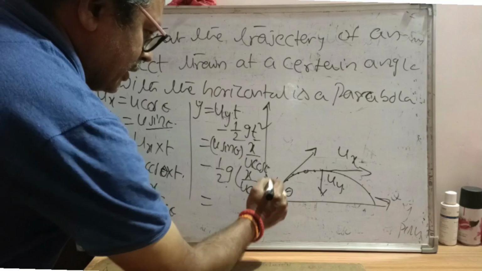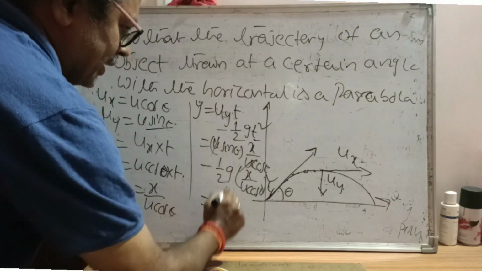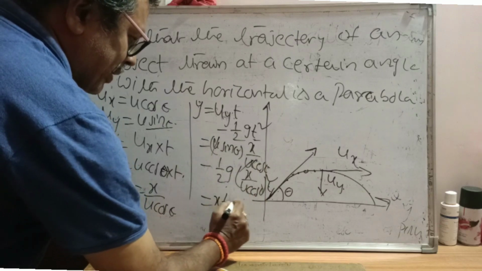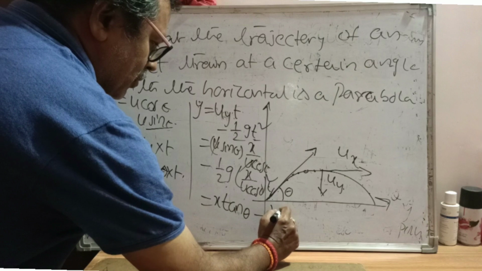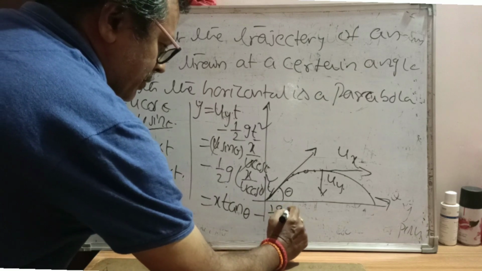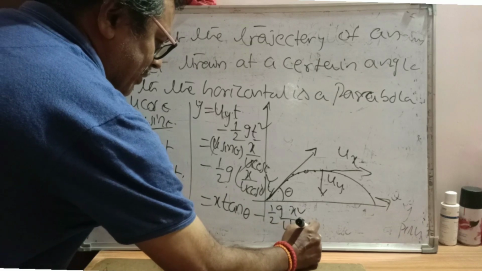Here u gets cancelled. x into sin theta by cos theta can be written as x tan theta, minus 1 by 2 g into x square by u square cos square theta.